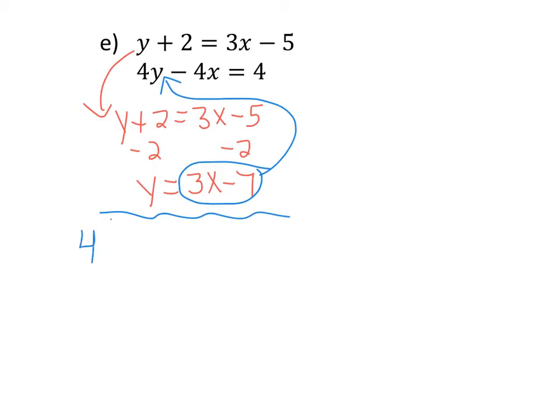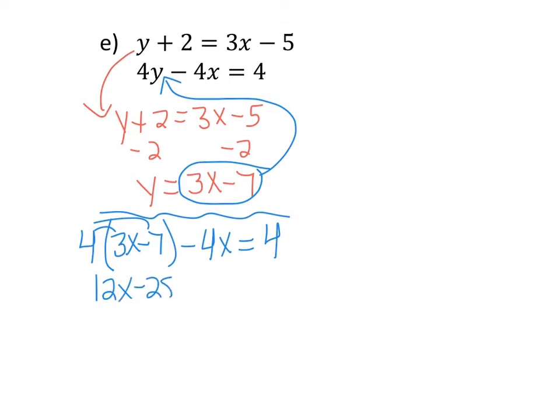So 4 times the quantity, 3x minus 7, make sure you put that in parentheses because it's 4 times all of that whole expression, 3x minus 7. Bring down the rest, minus 4x equals 4. Go ahead and solve this multi-step equation. Let's distribute. 12x minus 28 minus 4x equals 4.